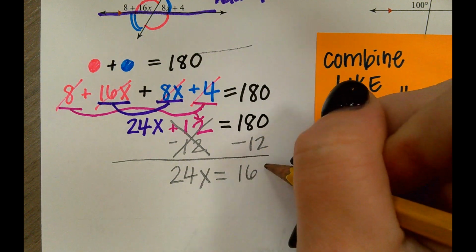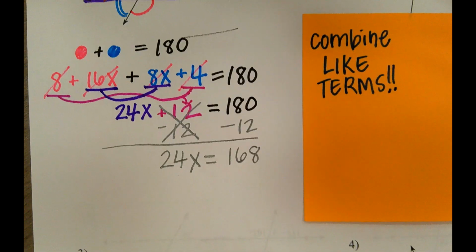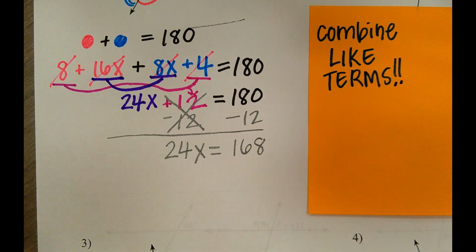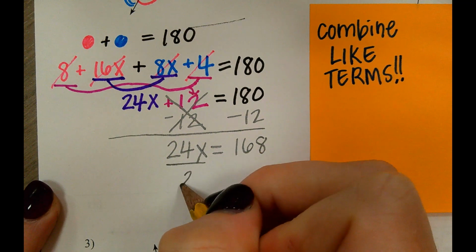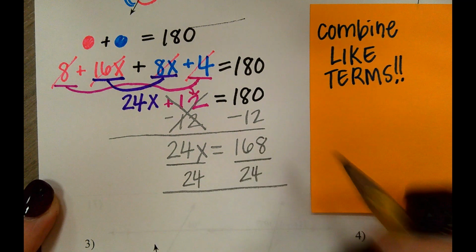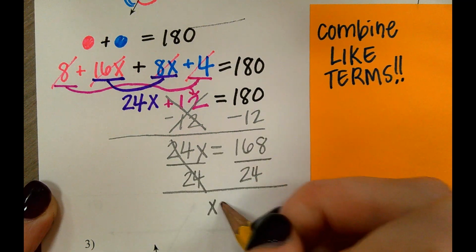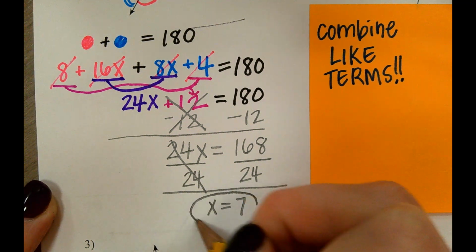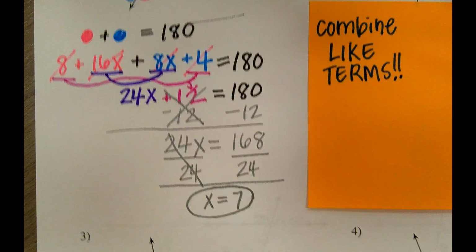Okay, perfect. 168. And then you divide 24 by 24 and 168 by 24. Perfect. Divide by 24 on both sides. Which gives you 7. X equals 7. Good.